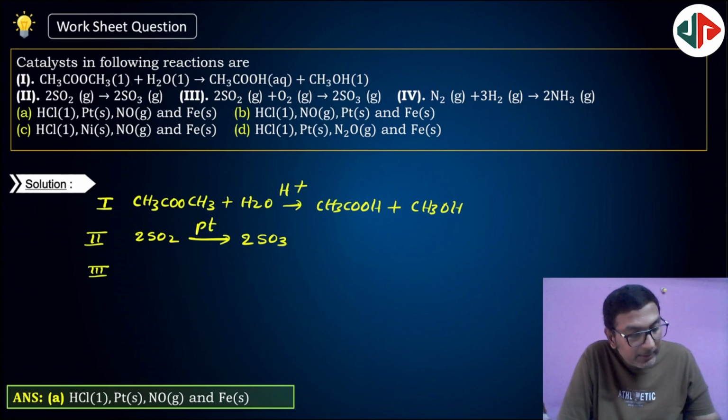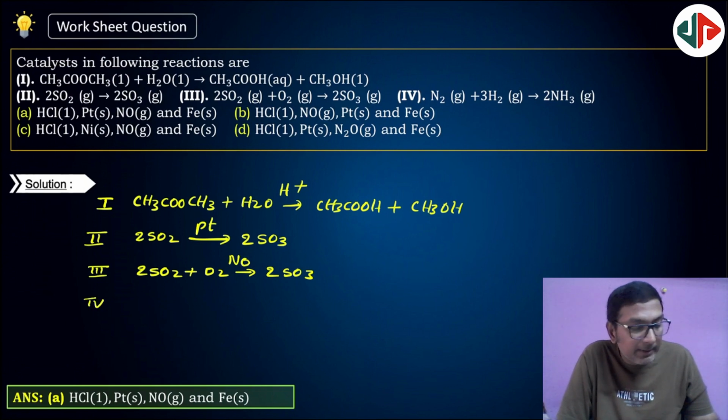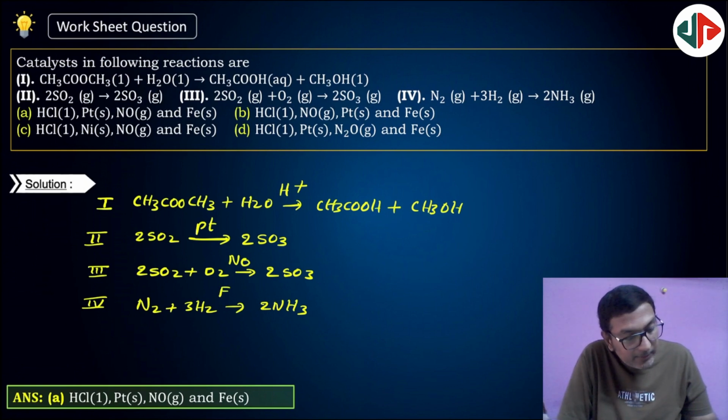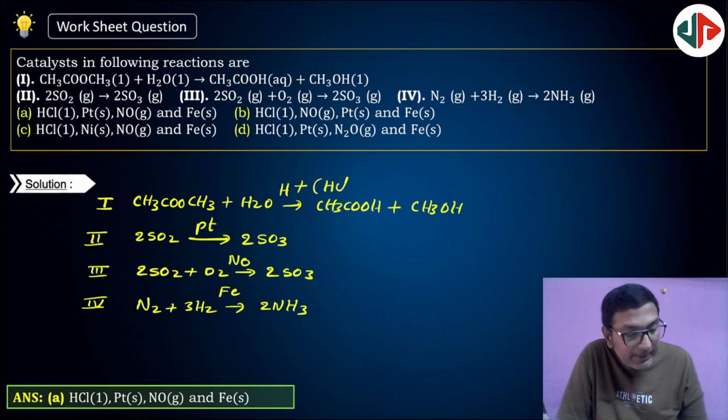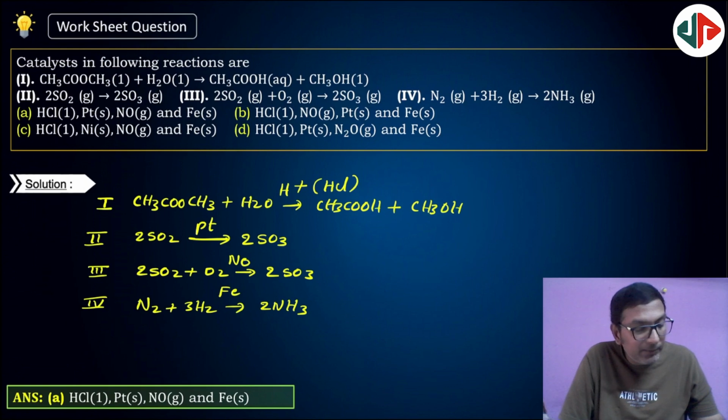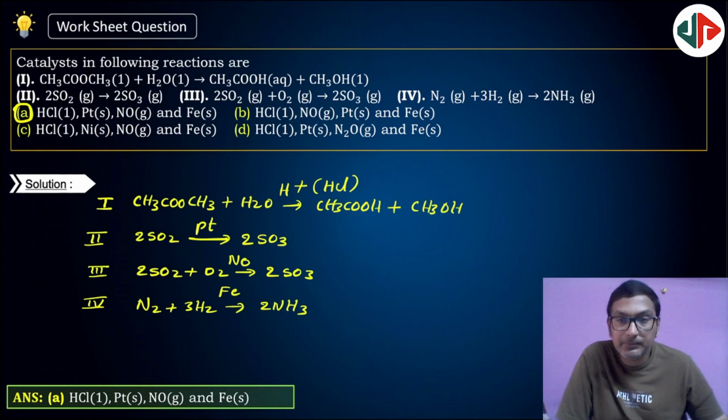Third, 2SO2 plus O2 gives 2SO3 takes place in the presence of NO, nitric oxide. Fourth, N2 plus 3H2 reversible with 2NH3. It takes place in the presence of iron. Therefore, in first case, H plus means you can write HCl, Pt, NO and Fe. Option A. Corresponding catalysts.